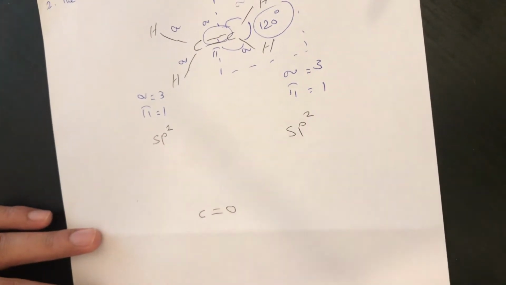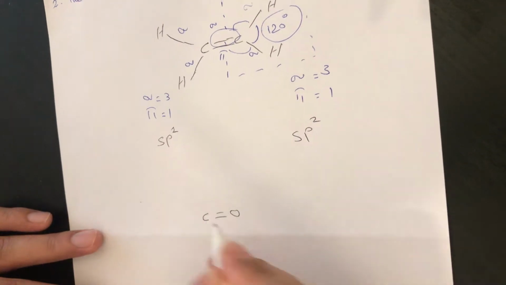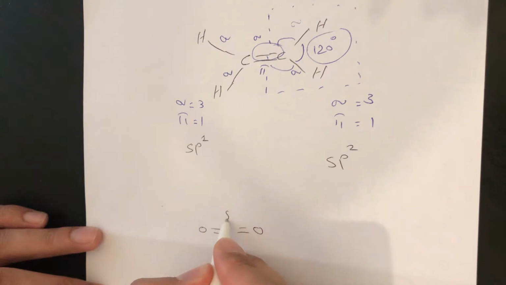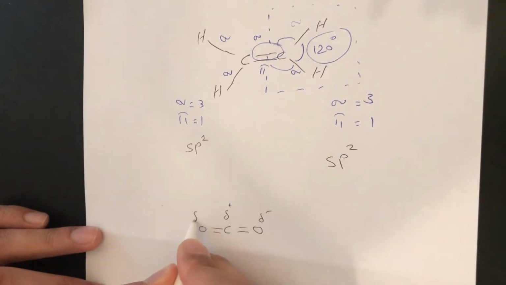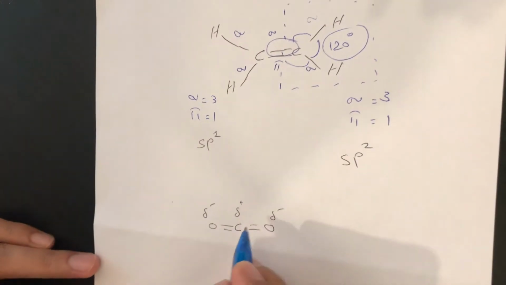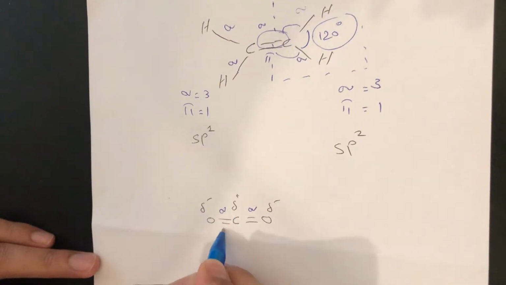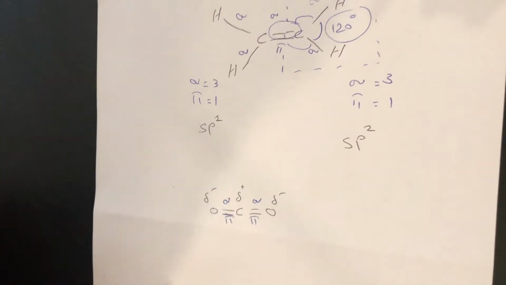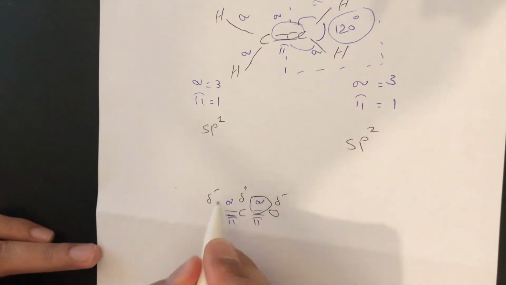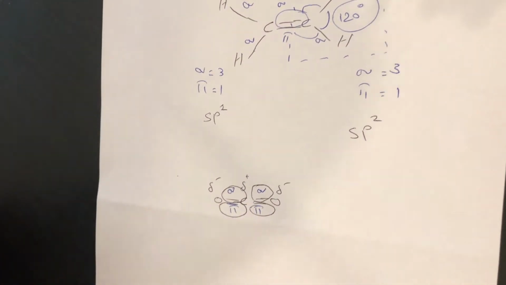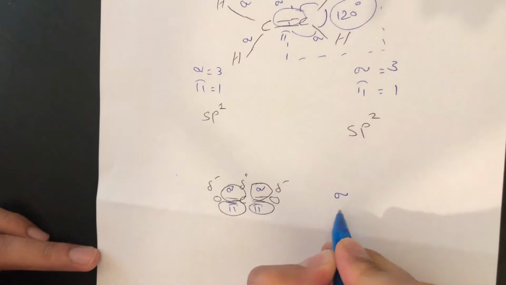Okay, let's do another example. We can have carbon bonded to oxygen, and that may have another oxygen, where this is partially positive and this is partially negative. We can have this pi bond and this pi bond, so we have 2 pi bonds and 2 sigma bonds, but we always say the sigma bonds first. These are the sigma bonds and these are the pi bonds. So how many pi bonds do we have on the carbon atom?